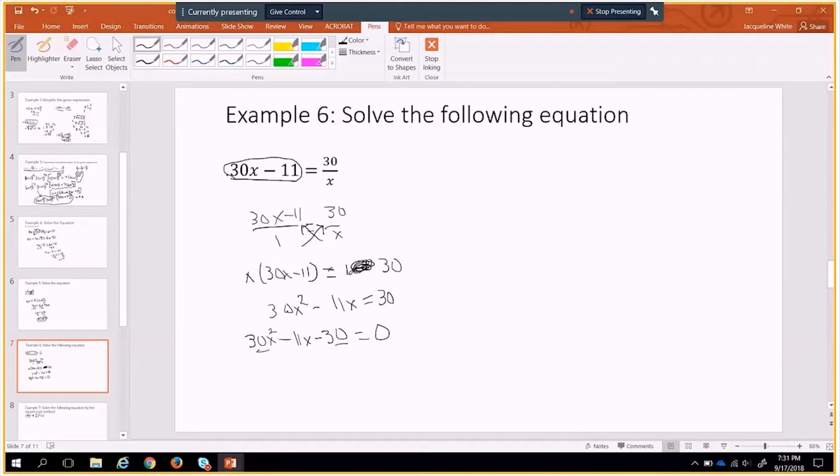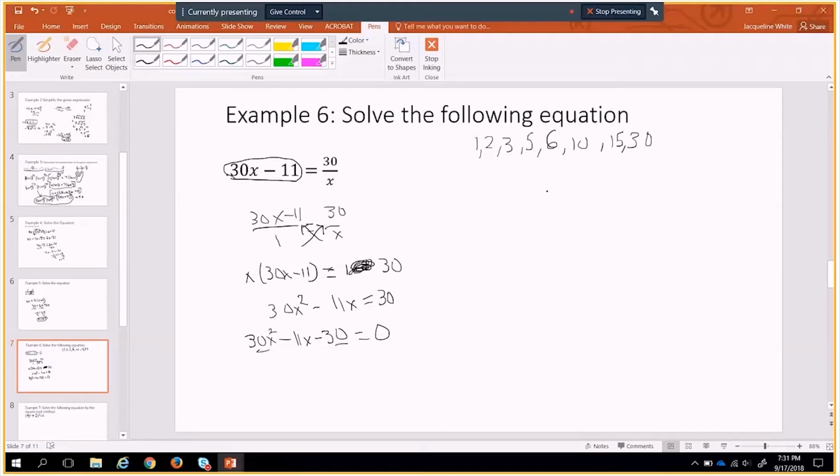Let's say the factors of 30 are 1, 2, 3, 5, 6, 10, 15 and 30.